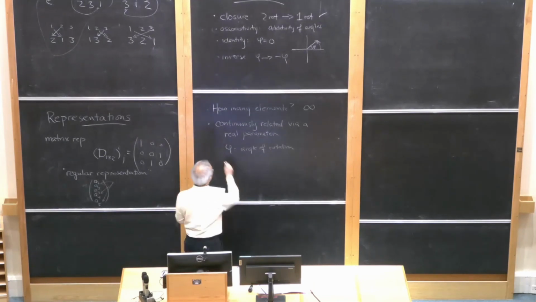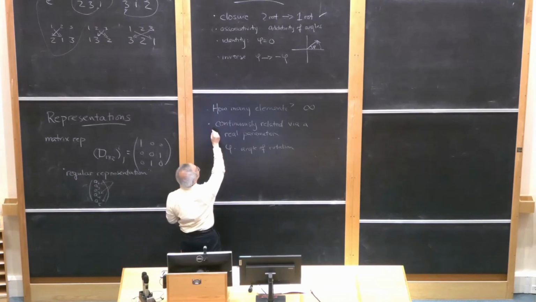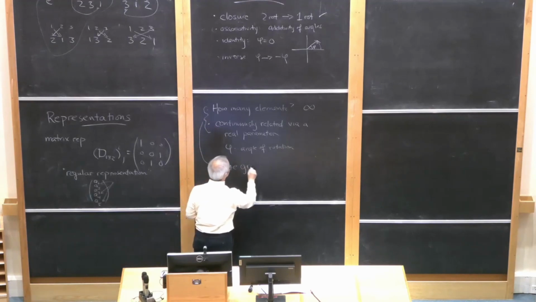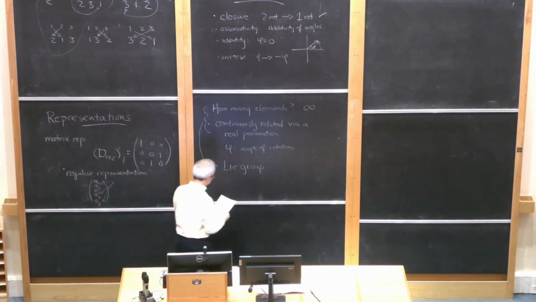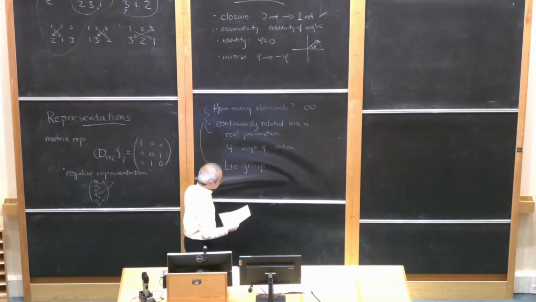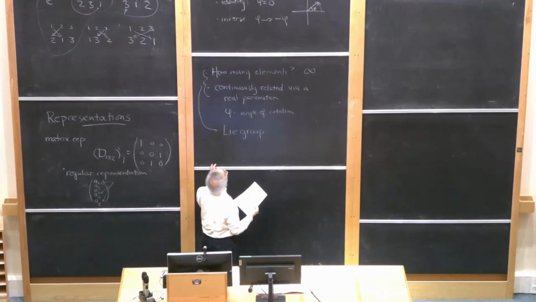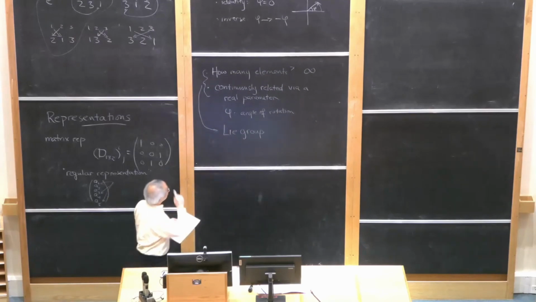And both of these things go into the definition of what we call a Lie group. Okay? So you've probably heard that term before. Now, let's see. What group are we actually talking about?